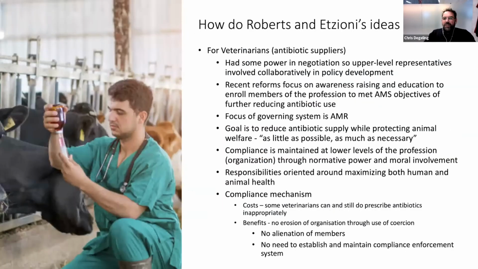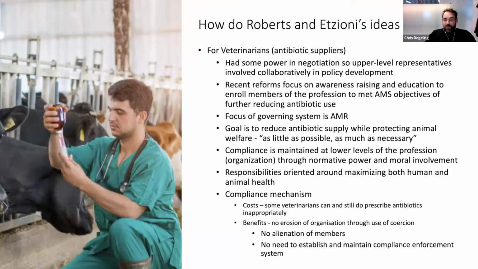So how does this actually play out for how veterinarians and farmers use antibiotics? Veterinarians are on the supply side. They've had some authoritative, coercive power applied to restricting their use of antibiotics in a very limited sense.